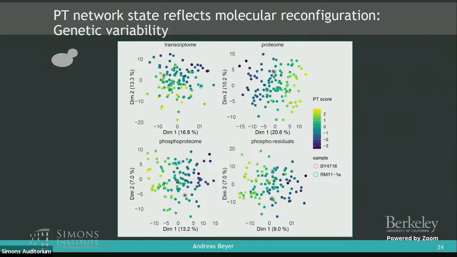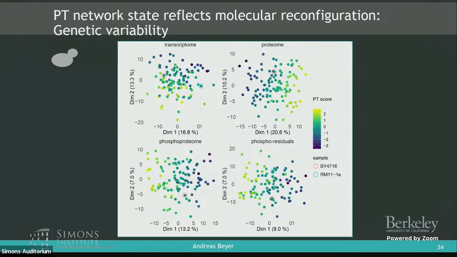So here we have a PCA of the transcriptome data, a PCA of the proteome data, a PCA of the phospho-proteome, and a PCA of the residuals when you regress out the protein abundance effect. And in all four cases, you have a very strong correlation between the PT score and the positioning of the strains in these PCAs. Each dot is one strain, positioned based on the respective molecular information, and the coloring reflects the PT score.